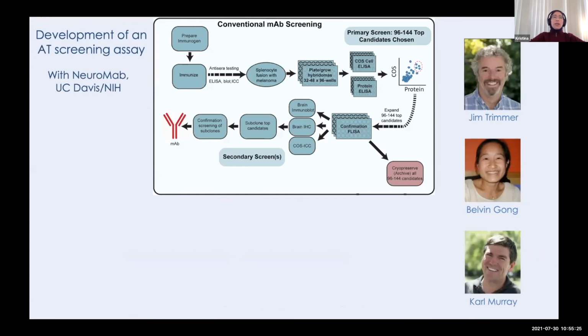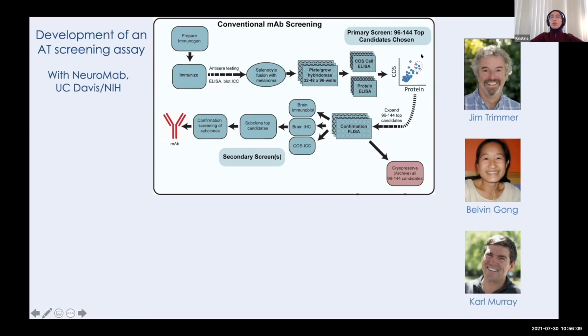So together with UC Davis, with NeuroMab, which is a great place where they develop antibodies together with NIH, the goal is to develop high quality antibodies at a low cost. And we decided to implement the array tomography test within their normal production of antibodies. So normally they would screen their anti-sera coming from mice using two different ELISA assays, one on COS cells, similar to what I showed you, but fixed with formaldehyde, COS cells expressing the target protein, and also a protein ELISA.